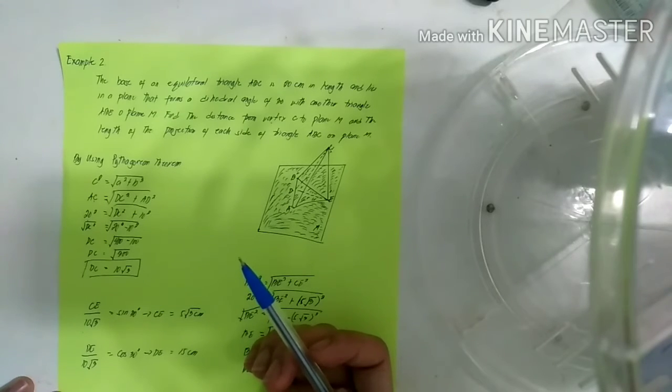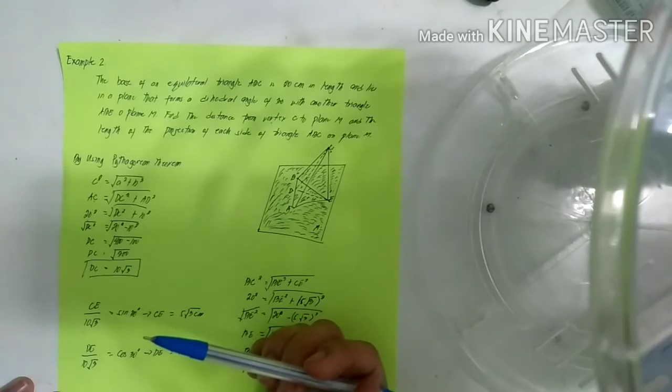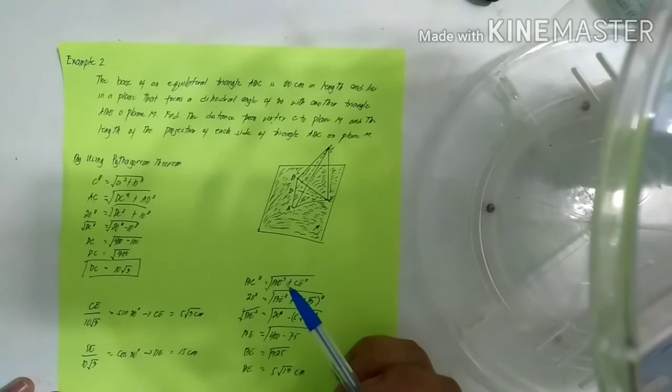Next is to solve for CE and DE and BE. To find the side CE and DE with respect to 30 degrees, we are going to apply the trigonometric function.